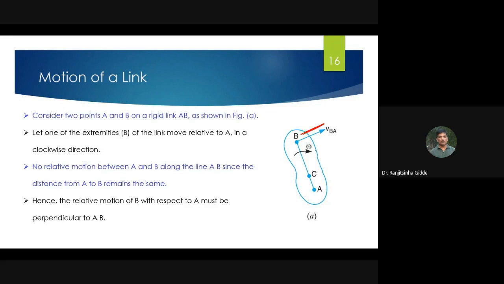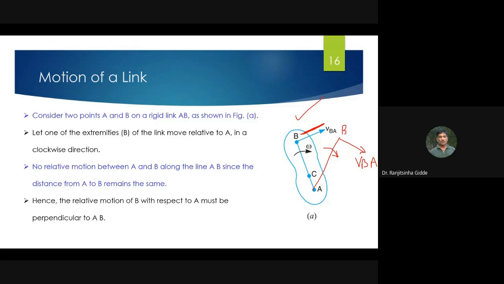Now suppose this is the initial position. After some time, this will be the new position. Here I will write VBA, as the distance between A and B is not changing.